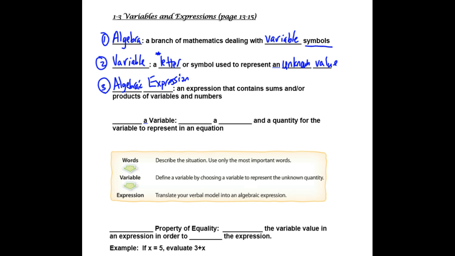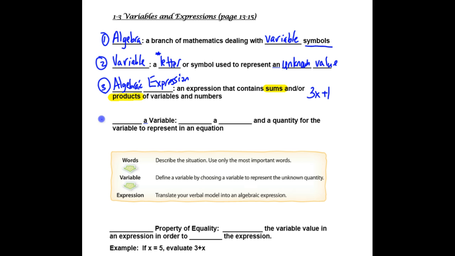That is an expression that contains sums and or products of variables and numbers, and it can have quotients. Basically, if you have any sort of example, like say 3x plus 1, that's an algebraic expression right there.